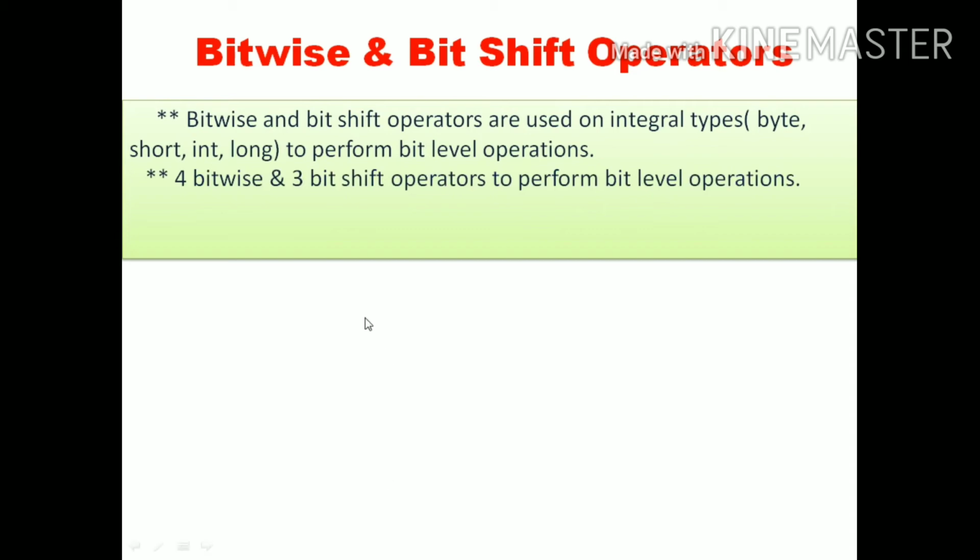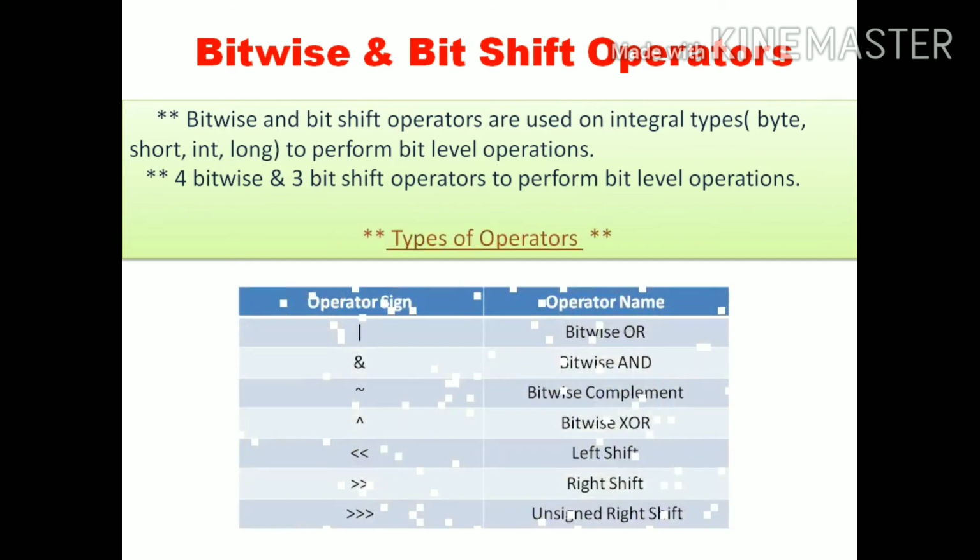Just accept the decimal number. Now you have to convert it into binary form, then you can use bitwise and bit shift operators. Let's check the types of operators, meaning those are the signs.